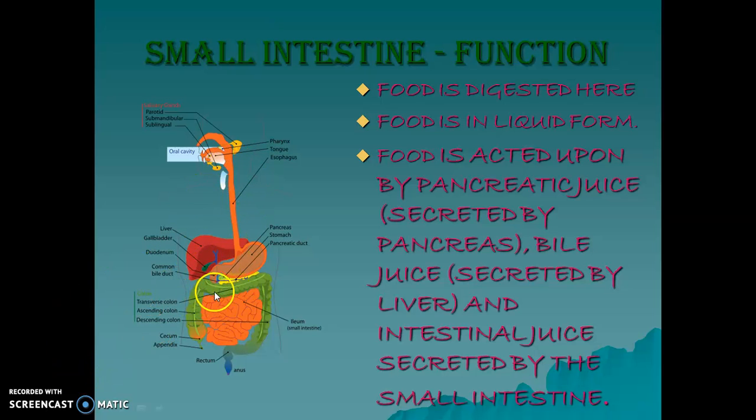So now we have the food in the small intestine. Here food is acted upon by pancreatic juice coming from the pancreas, bile juice, which is secreted by the liver, and intestinal juice, which is secreted by the intestine itself.